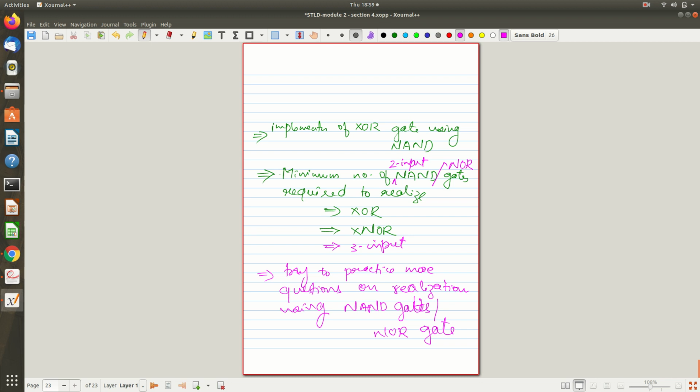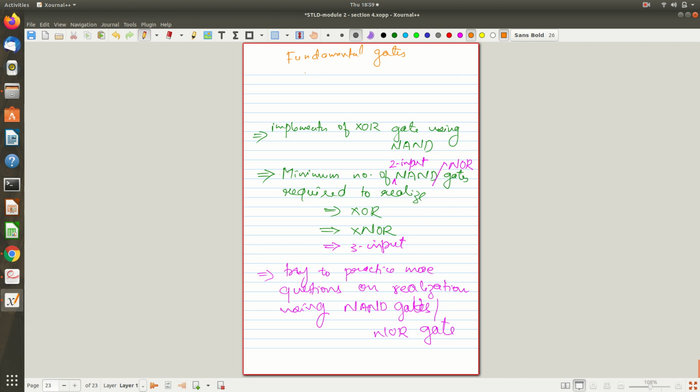So as a conclusion, NAND as well as NOR gates alone are both fundamental gates. What are the fundamental gates? Sometimes we call them fundamental sets of gates.